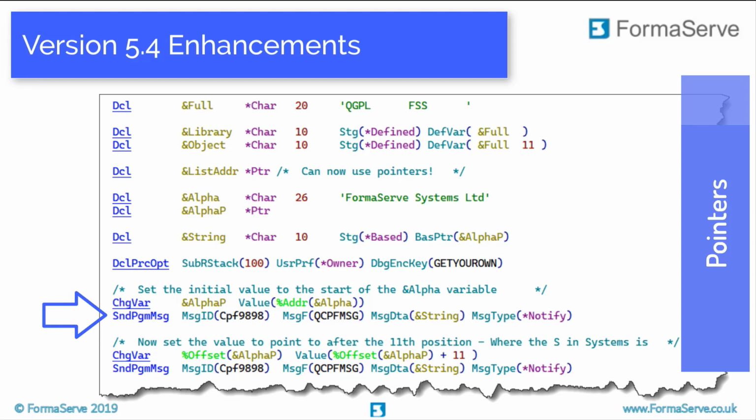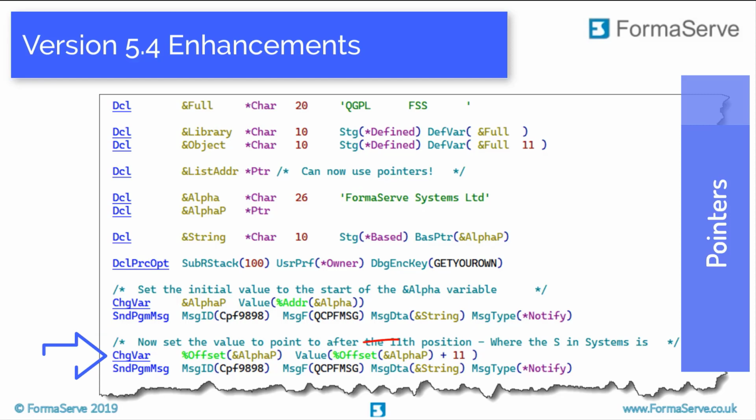So this is just going to display it on the screen, just for demonstration purposes. So we're going to display on the screen there the value we have in ampersand string. So we've done nothing with ampersand string. We're just taking it, because it's using pointers, it's automatically given it a value of FormaServe, because it's only 10 characters long, so it only gets the first part of FormaServe.